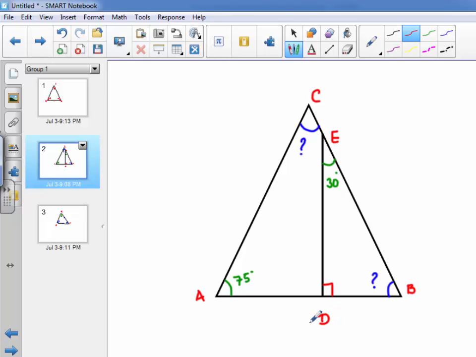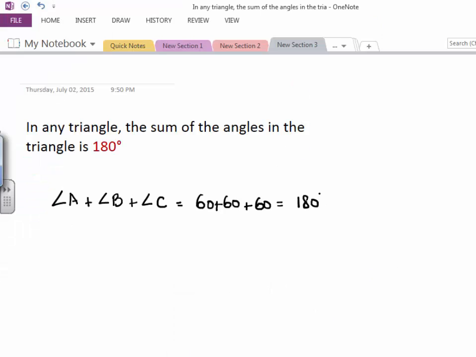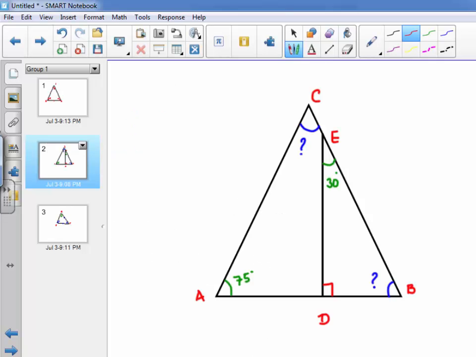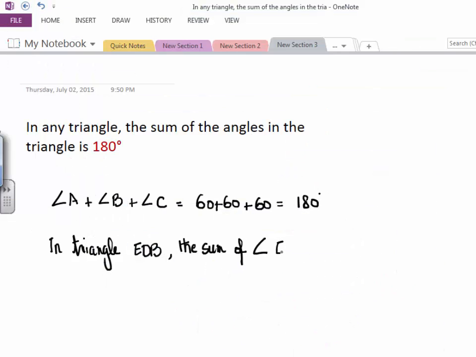So let's start. In triangle EDB, the sum of angle E plus angle D plus angle B equals 180 degrees.